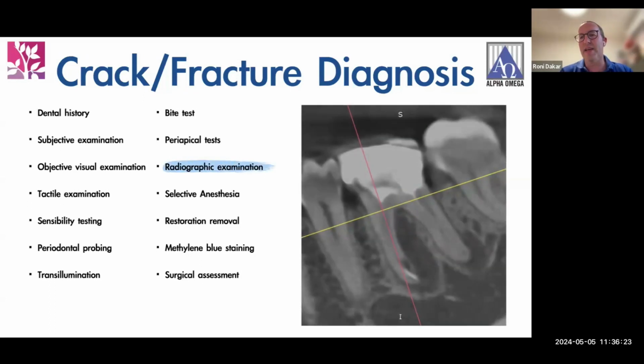But this image of the CBCT does indicate a root fracture because of the shape of the lucency, which is J-shaped and very classical for a vertical root fracture.